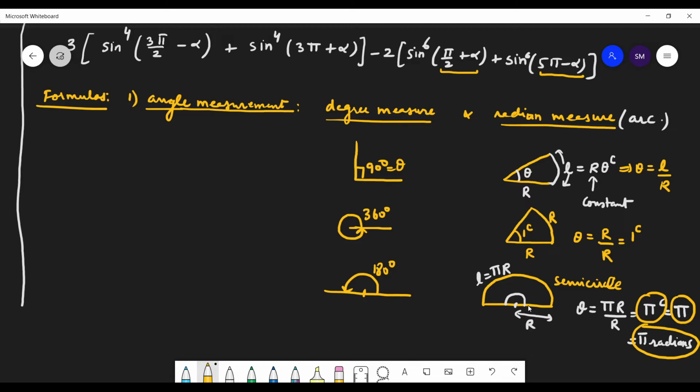Students, tell me, as I move on this side, y is positive. So sine theta is positive in this quadrant, isn't it? Sine is positive but cos is negative, because cos is this x. So cos is negative and sine is positive. So only sine values are positive in the second quadrant.